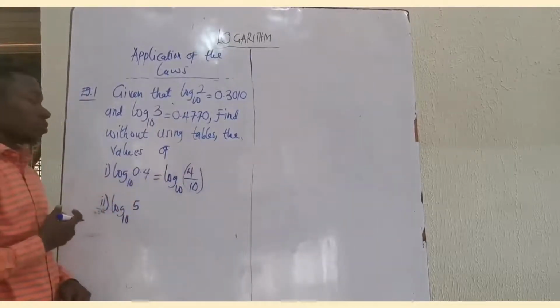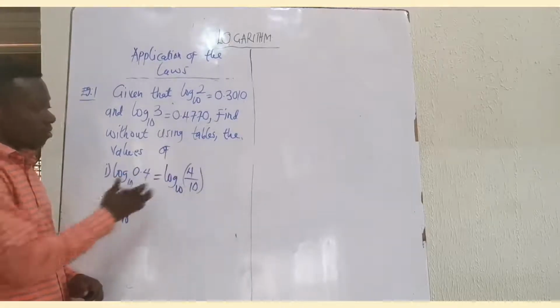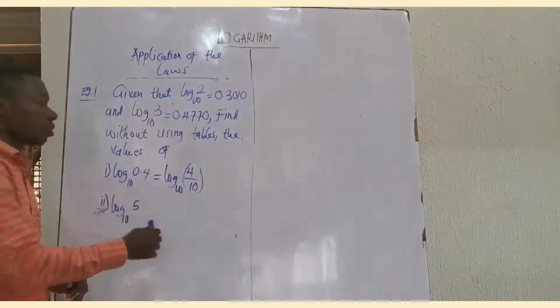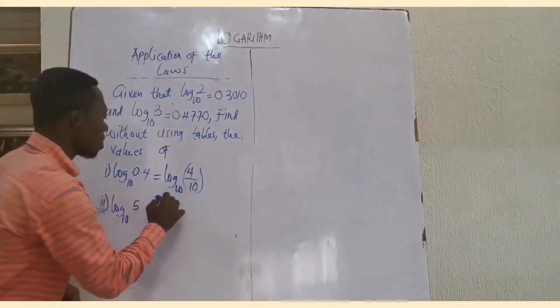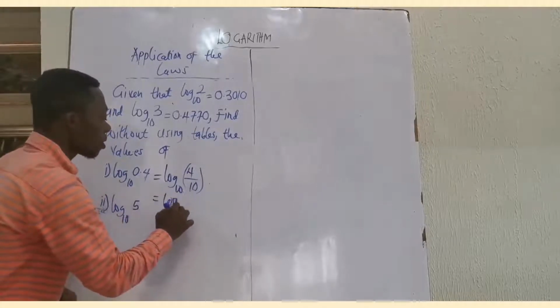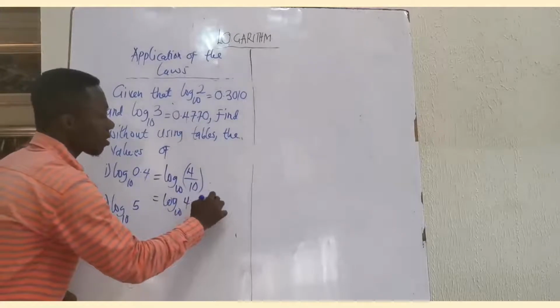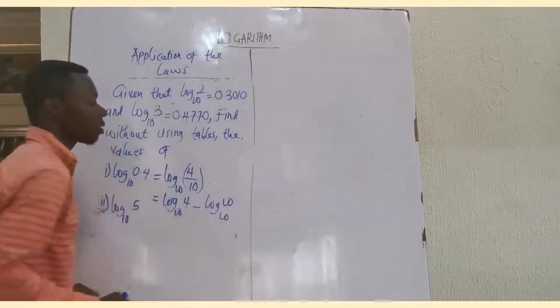That's the division, the second law. The second law is saying that if I have a logarithm, a division form can result in subtraction. So here it becomes log 4 to the base of 10 minus log 10 to the base of 10.